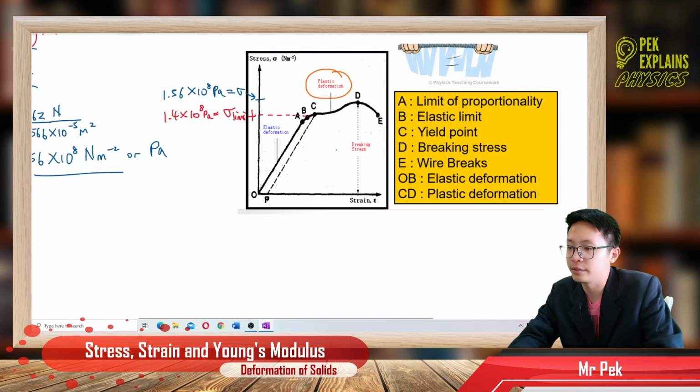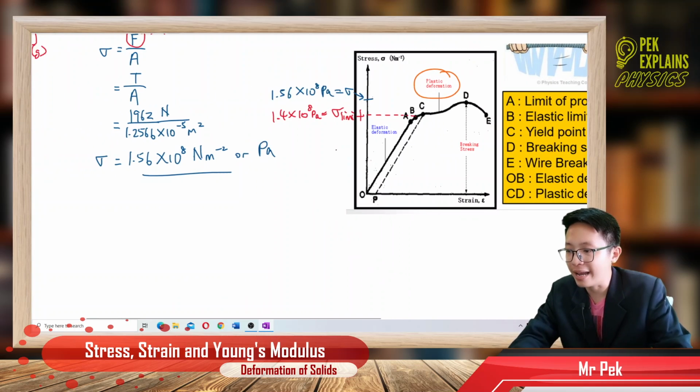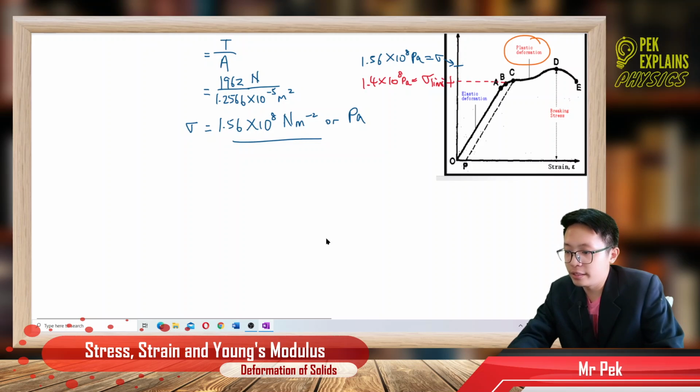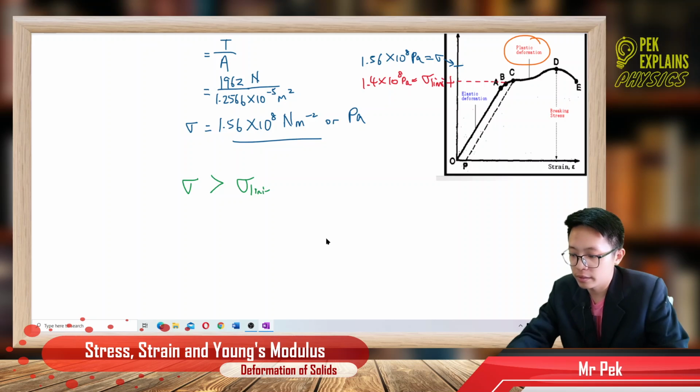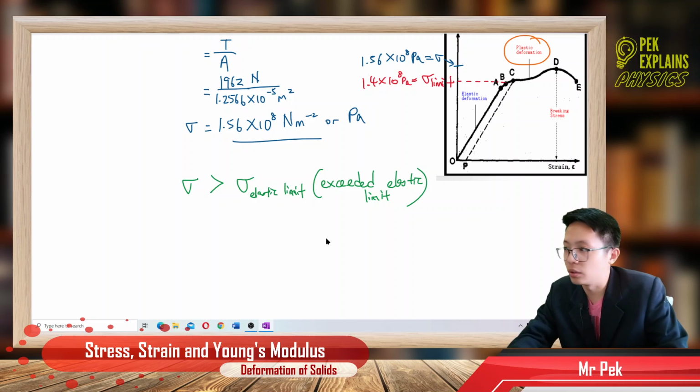Because it's over the limit, what I can write is this: finally, I discover that this stress is more than the stress for the elastic limit, so it exceeded the elastic limit. I must write down the value I got just now, 1.56 exponent 8 Pascal, more than the limit of only 1.4.